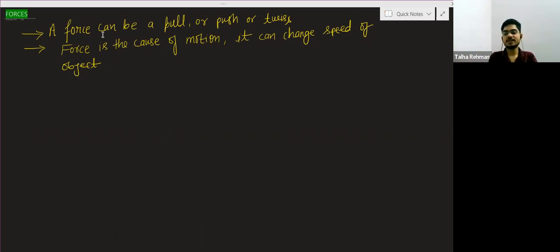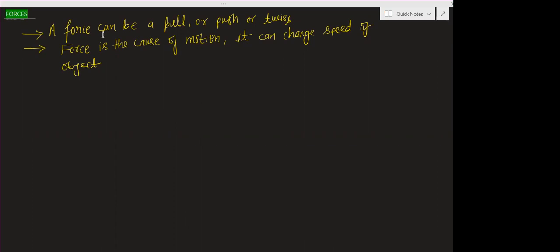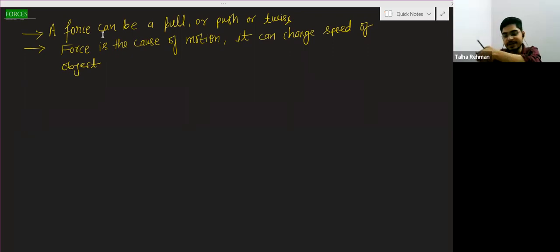Same is the case with the cricket ball. The batsman hits the cricket ball like this, and you catch that ball. When he hits the ball, there will be some velocity or speed. When you catch that ball, the speed becomes zero, meaning the speed is changing from some value to zero.